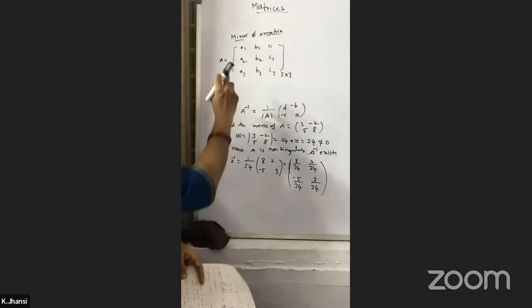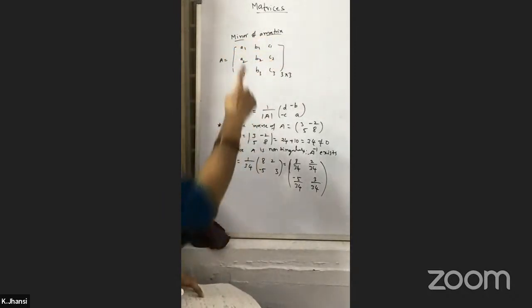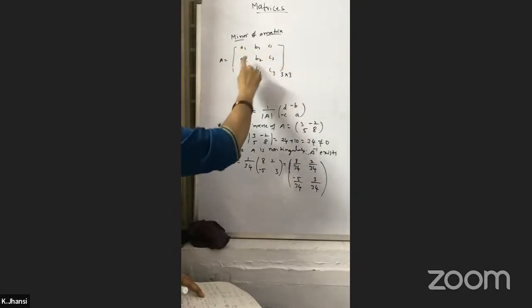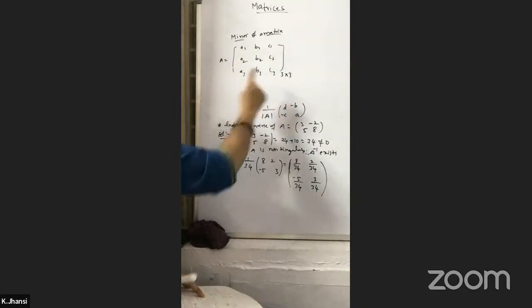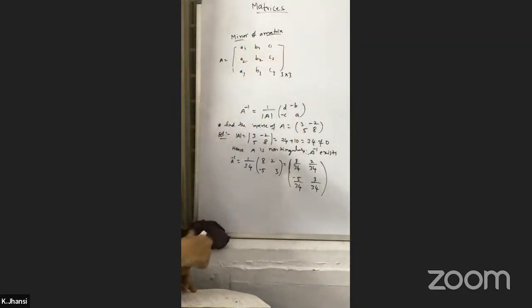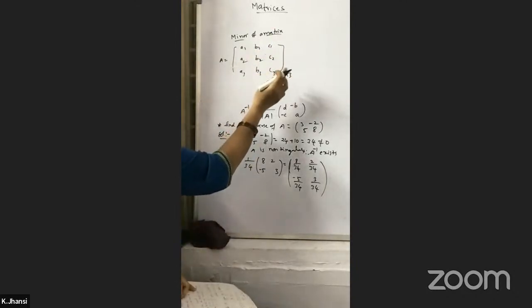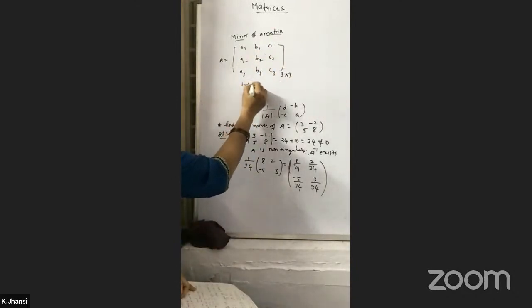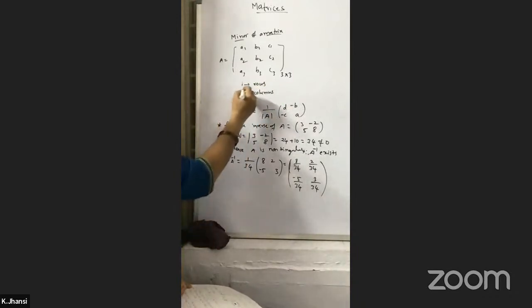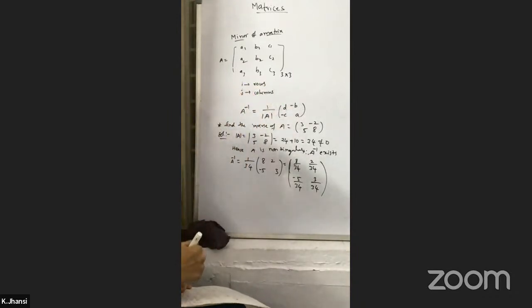Okay. So minor of a matrix means, remember this is the first row, second row, and third row. This is the first column, second column, third column. And here we'll represent the rows as I and the columns as J. At the start only I have told this one. Okay. I as the rows and J as the columns here.